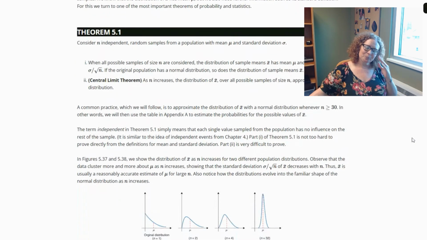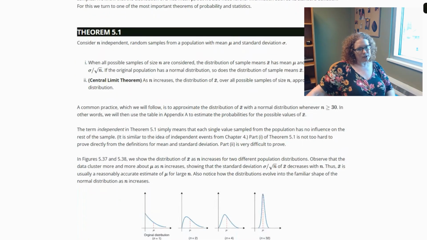So here's a theorem, theorem 5.1. N is independent random samples from a population with a population mean of mu and standard deviation sigma.